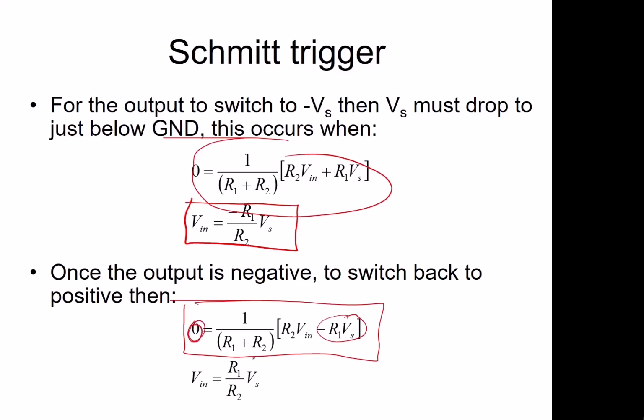And if we work that out, we get V in is R1 over R2 minus Vs. So it'll switch from positive to negative when V in is minus R1 over R2 Vs. And then it'll switch from negative to positive when V in is a value of R1 over R2 Vs.